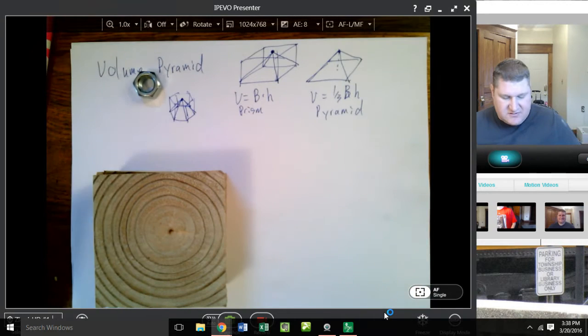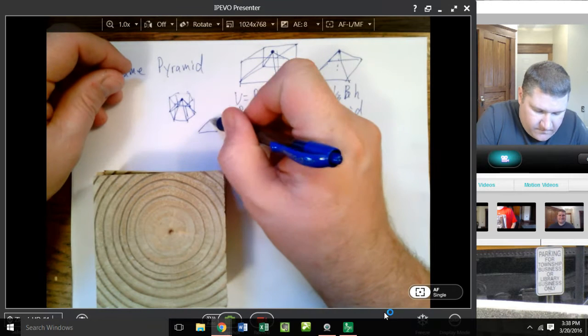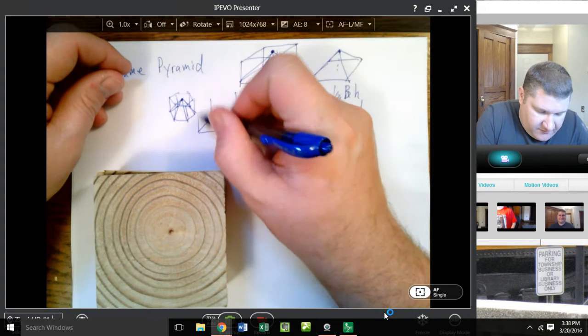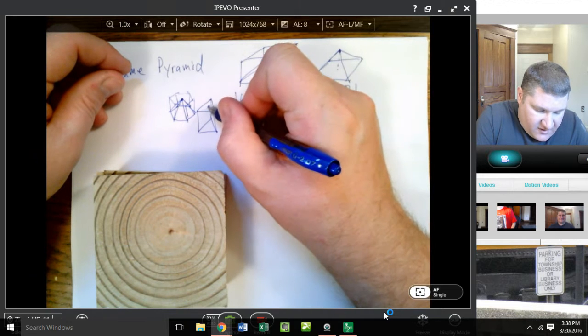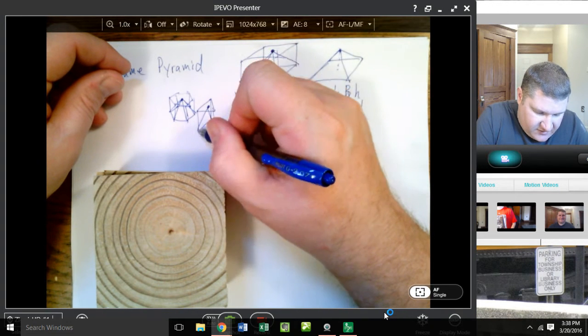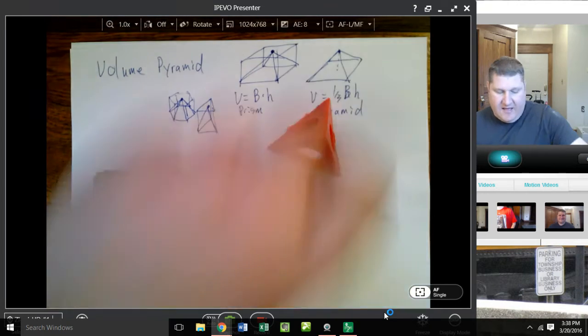If I have a triangle and I go up from each corner, I can have a nice prism. Or if I take my dot and I go down to each place, I now have a triangular pyramid that looks a lot like that.